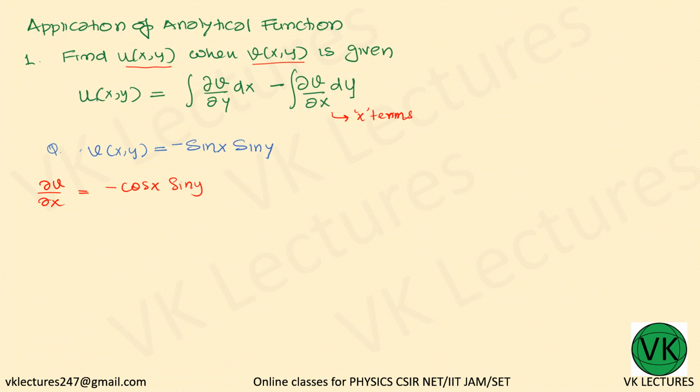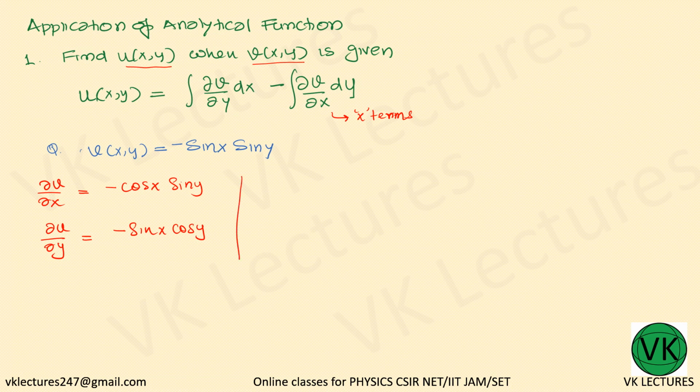So ∂v/∂x already has an x term, so this need not be added. Now again, ∂v/∂y is equal to minus sin x into sin y, differentiation is cos y.